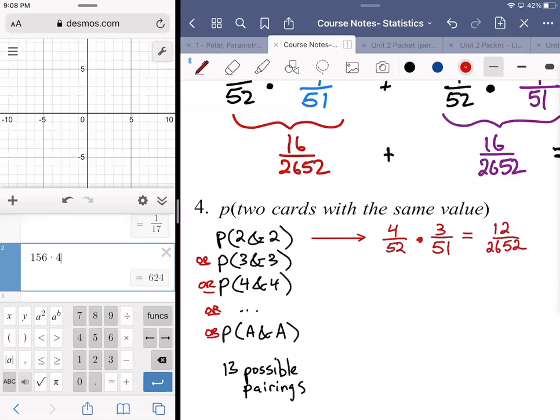If I start over, shuffle the deck up again, there's 4 3s. If I select one of them, then I'm down to 3 3s, 51 cards overall, still going to be 12 out of 2652. Since I have the 13 possible pairings, I can just take this fraction and multiply it by 13, and I'll get my answer of 156 over 2652.